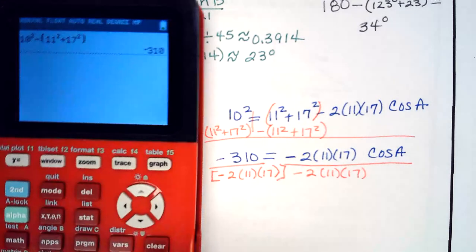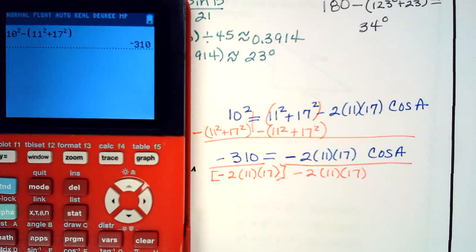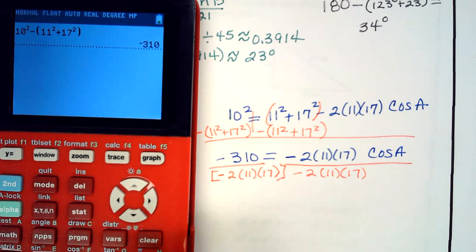Okay, so I expect to get a positive decimal. Divide by parentheses negative 2 times 11 times 17.